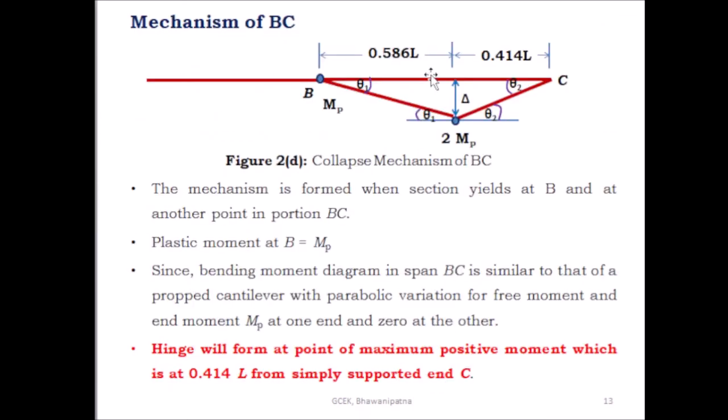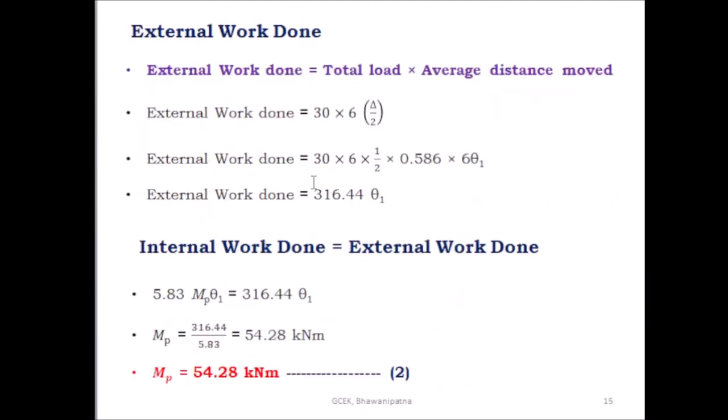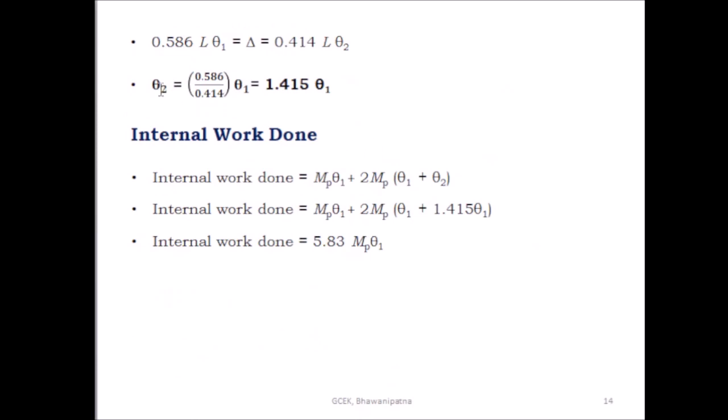So here this is the virtual displacement delta and the average virtual displacement is equal to delta by 2. So the external work done is equal to total load 30 into 6 and average distance moved, which is delta by 2. Then you know delta is equal to 0.586 L into theta 1.